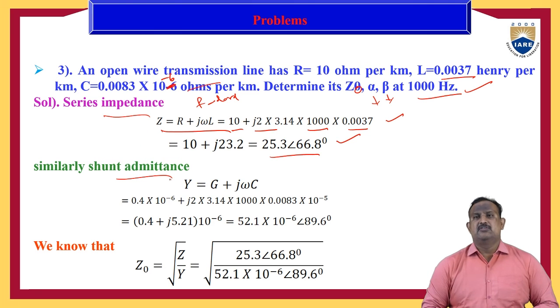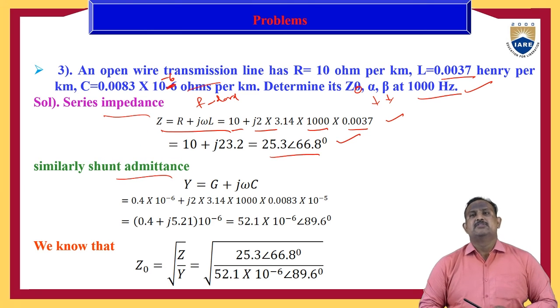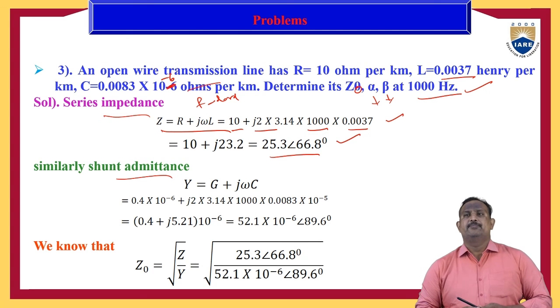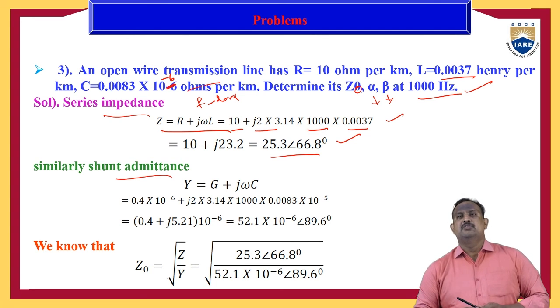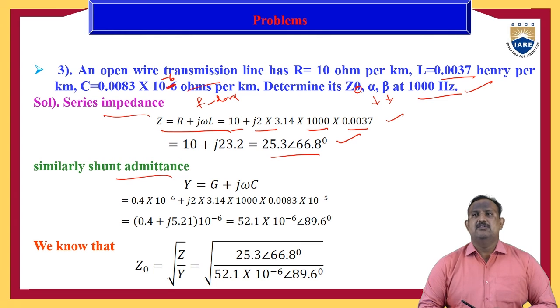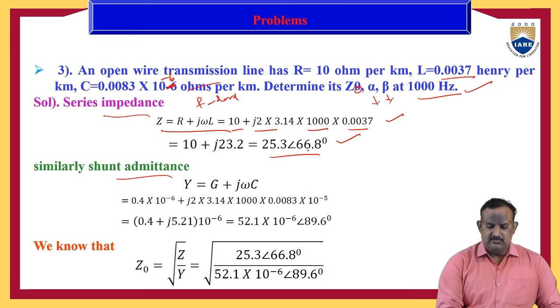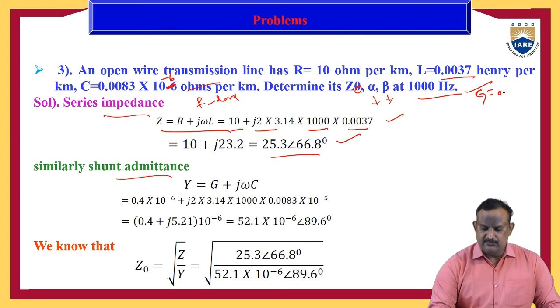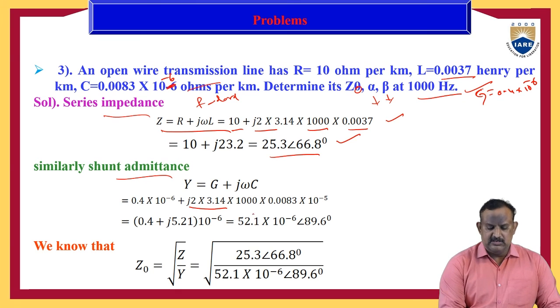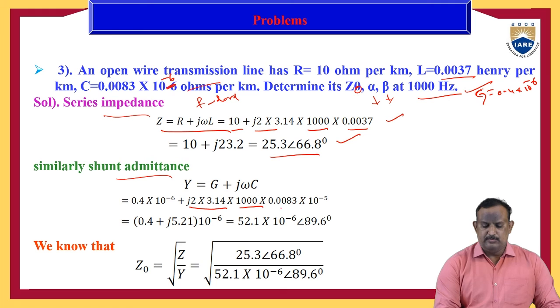Similarly, the shunt admittance Y is equal to G plus j omega C. The G value is 0.4 into 10 power minus 6 plus j into 2 pi f into C value 0.0083 into 10 power minus 6.